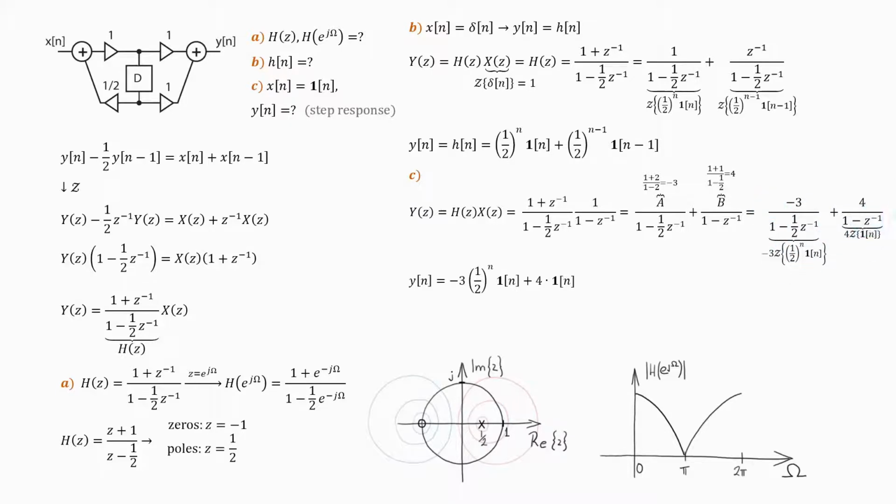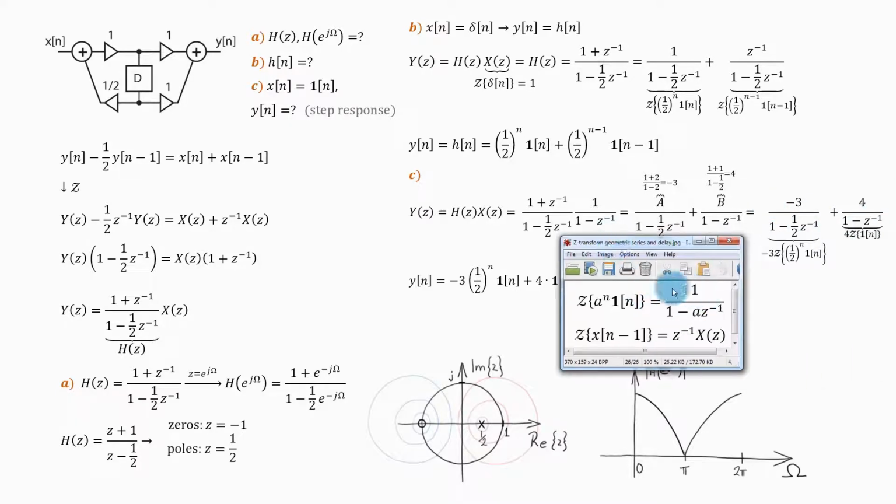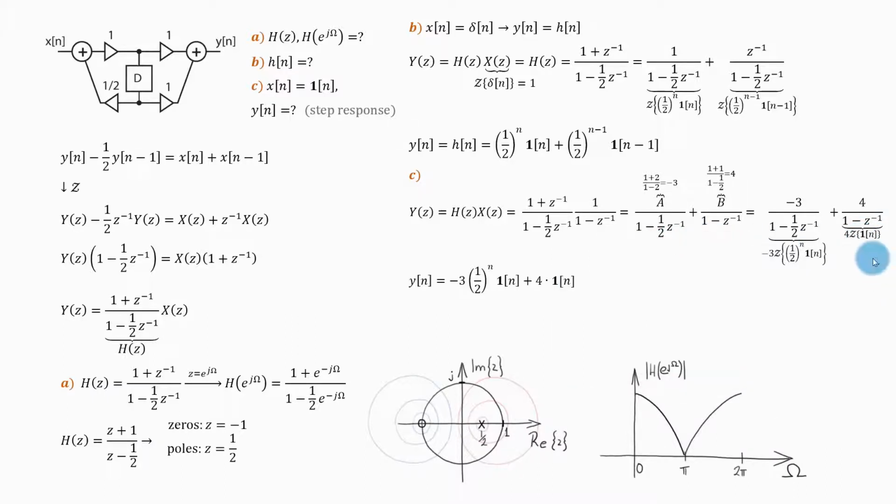And now again, using this formula, I can see that this is the Z image of this geometric series, and this is the Z image of the unit step. So when I put this together, this will be the response of my system to the unit step. This will be my step response.